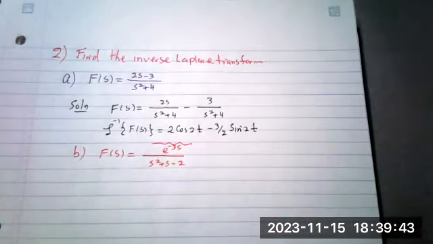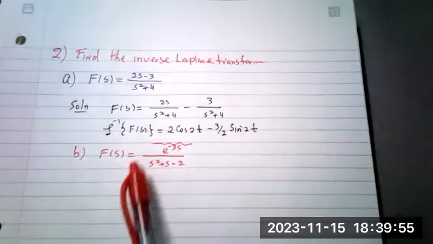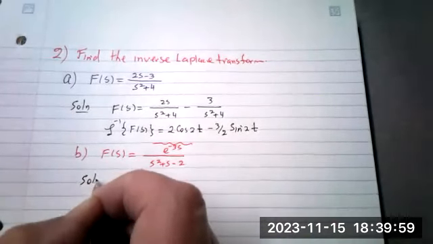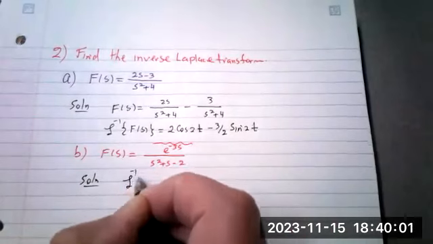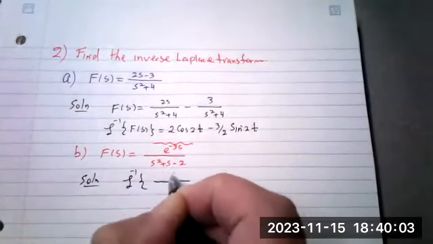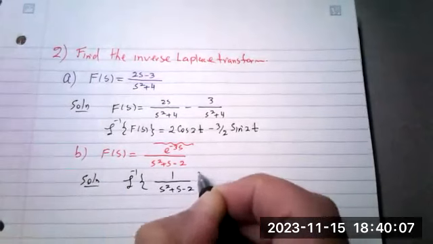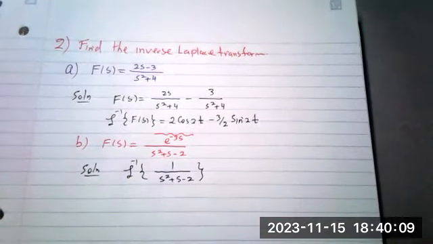You have to find the f of s first, then change it to f of s minus a, where a is negative 3, so change s into s plus 3. So you have to work on the leftover here, find the Laplace inverse of this function first, then you translate, you shift the s into s plus 2.